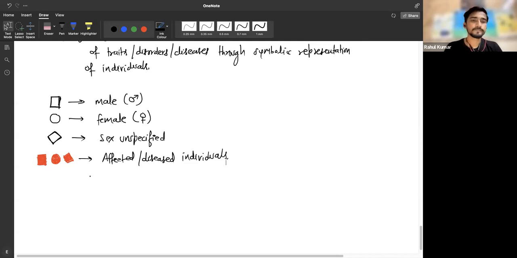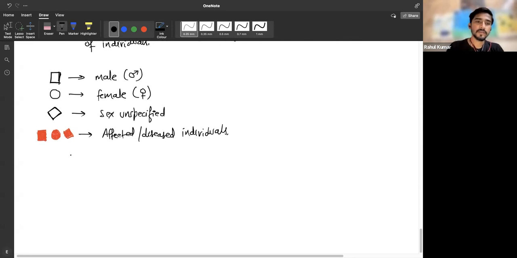Is it clear? And if it is just an outline and no color inside, then it is unaffected male, female, or sex unspecified.